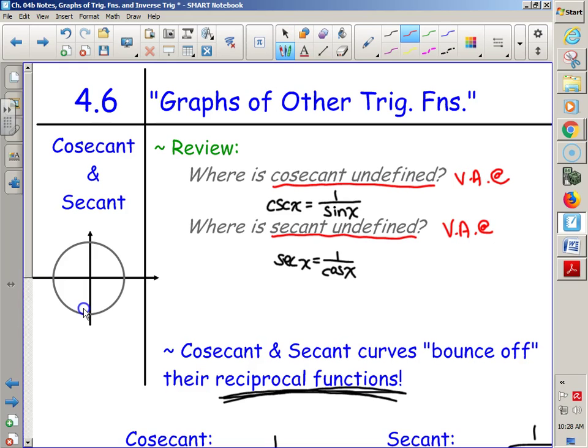Vertical asymptotes are domain problems, functions not existing. What would make a 1 over not exist? 0. So when sine equals 0, then this guy is going to have vertical asymptotes. Exactly.